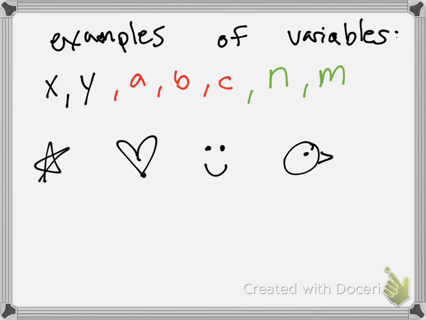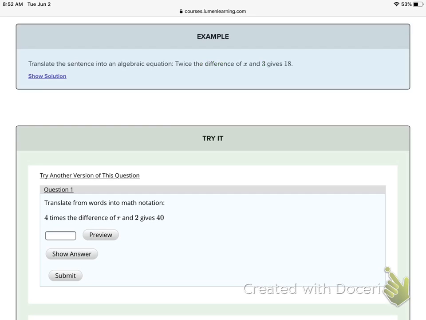So any sort of thing can technically be a variable. Now, if you remember my pirate joke, what do mathematicians and pirates have in common? We're always searching for the X, ha, ha, ha. Yeah, that's because we typically use X, but it can be anything.